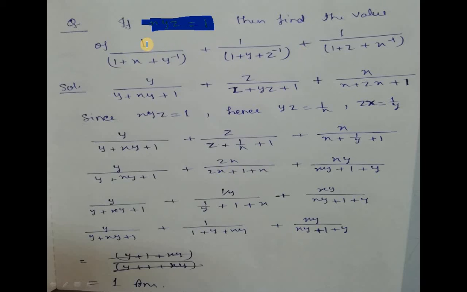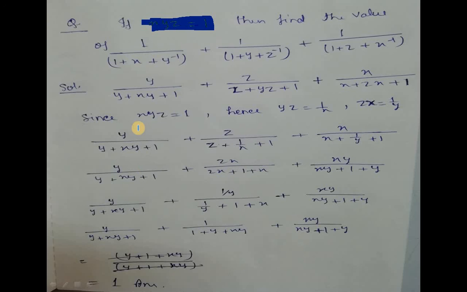So first thing you have to do is simplify this expression. To simplify this expression, you can write y inverse as 1 by y. So when you write y inverse as 1 upon y, this expression would become y divided by (y plus xy plus 1). Likewise, you have to simplify this expression first of all. So the simplified expression would look like this.